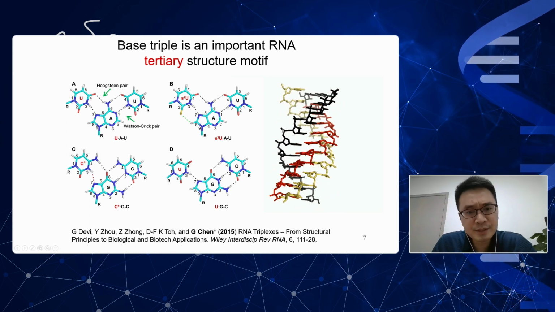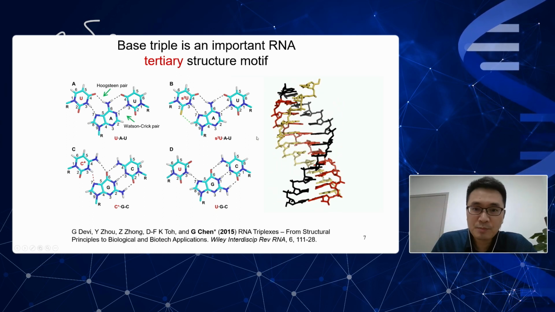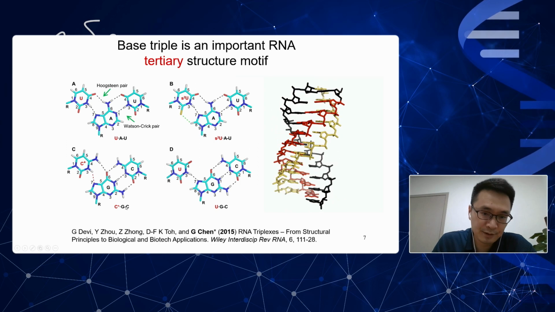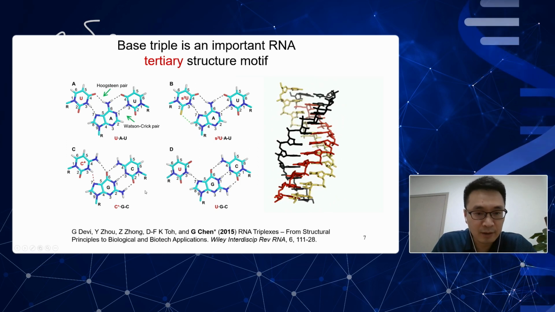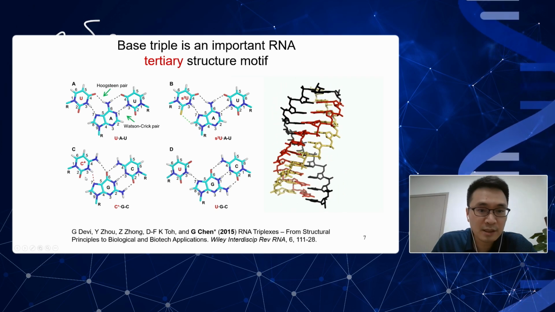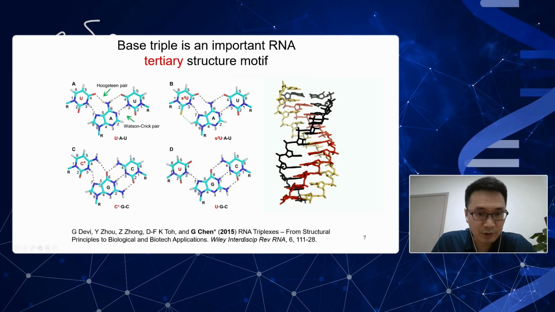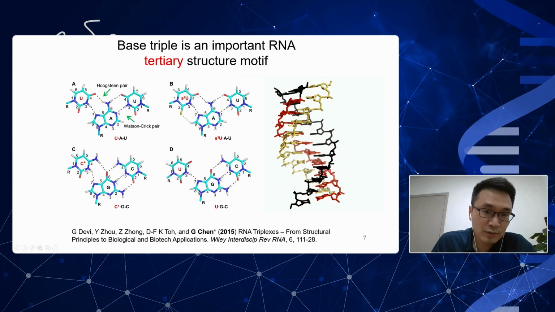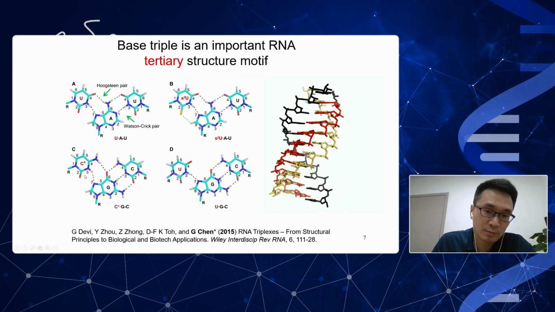The problem with this base triple recognition principle is that when you have a GC pair, you cannot use normal C, like unmodified C, because C has N3 unprotonated most of the time.